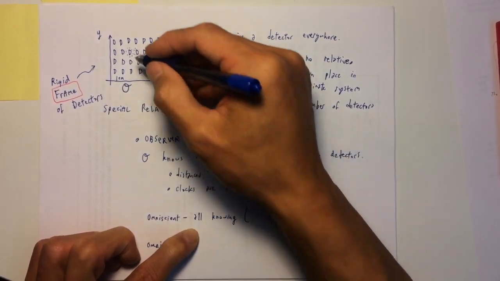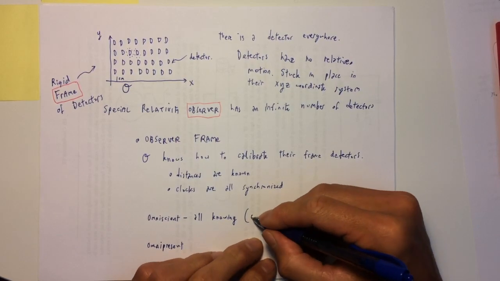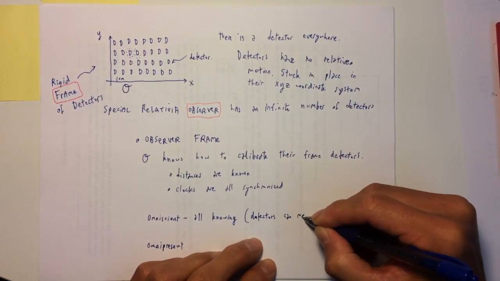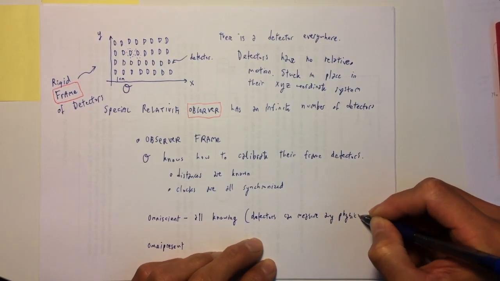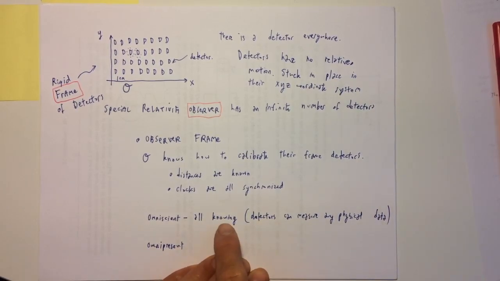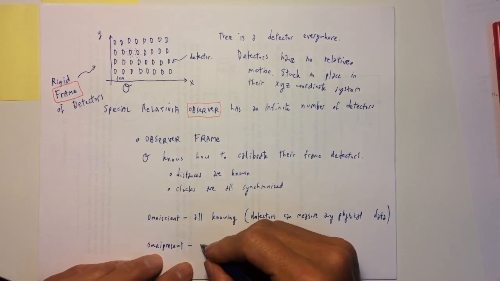In terms of the technology of an observer frame, detectors can measure any physical data. That's the sense in which it knows everything. Also, it's omnipresent.